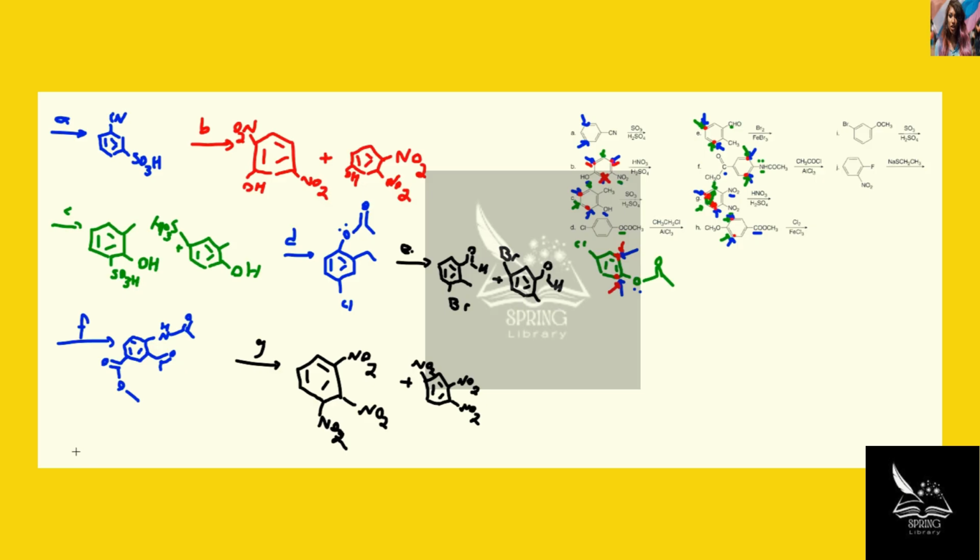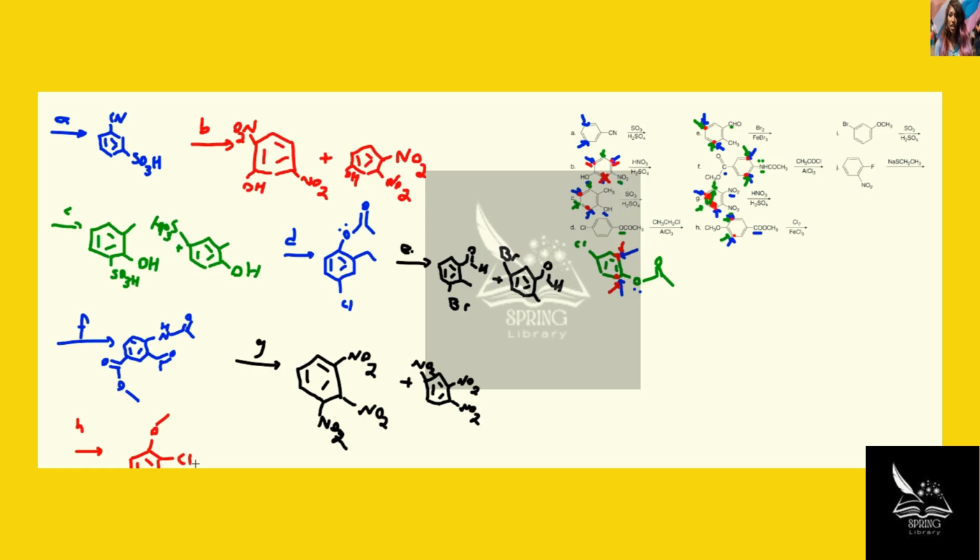So we'll draw the product H over here. And we're going to have that ortho halogenation at this carbon here.